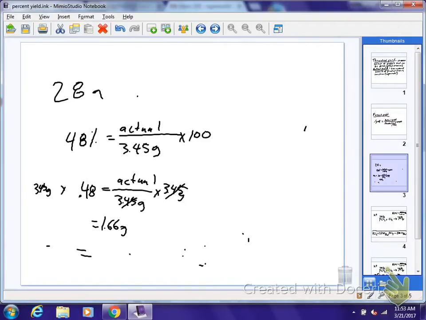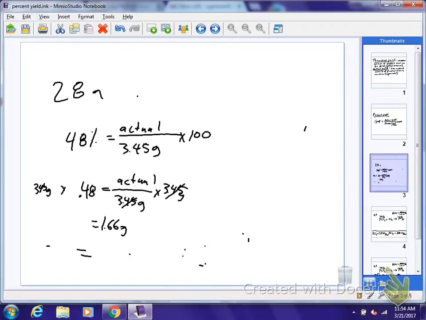Okay. Up above here we have the work for the second one, part D. 48% equals actual over 3.45 grams times 100. We get rid of the percent, and we multiply both sides by 3.45 grams. That makes it multiplied by 0.48, and you get 1.66 grams as your answer.